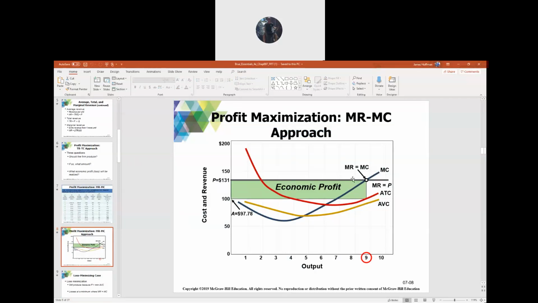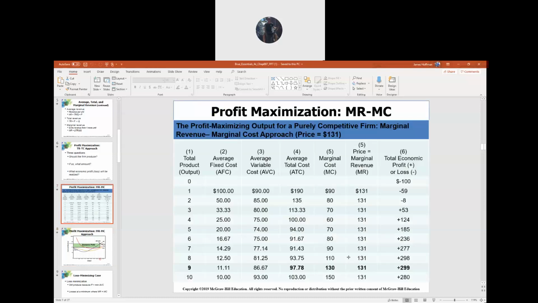That means revenue is bigger than cost, which means they can make some more revenue. And once they go past that, it's too costly. So any output below 9 in this example, you can see the profit is less: negative 59, negative 8, 53. It goes up, reaches a maximum, and then after the MR equals MC point, you start losing profit.